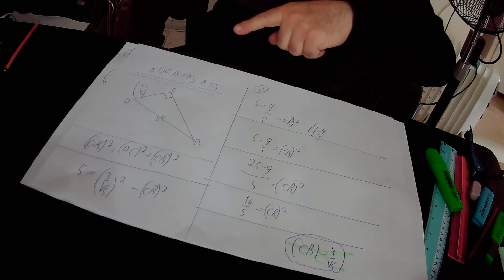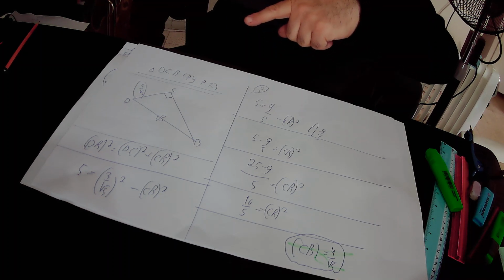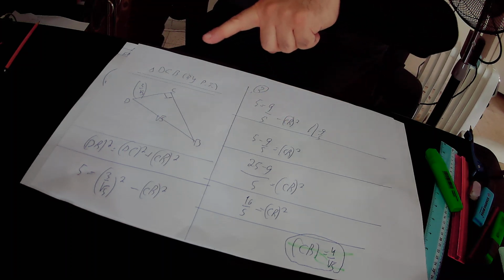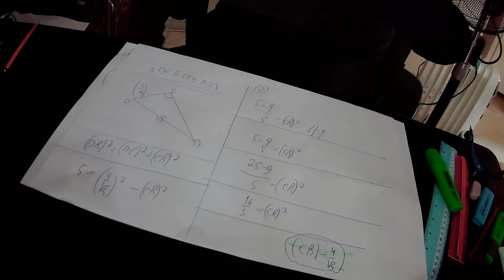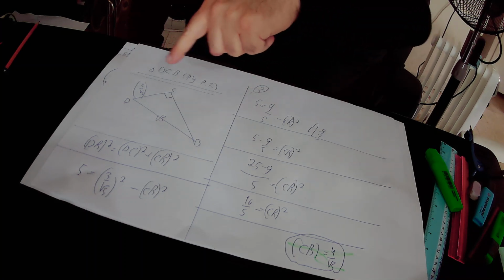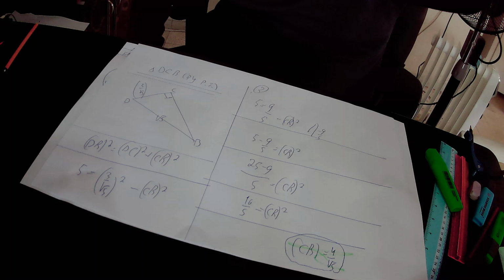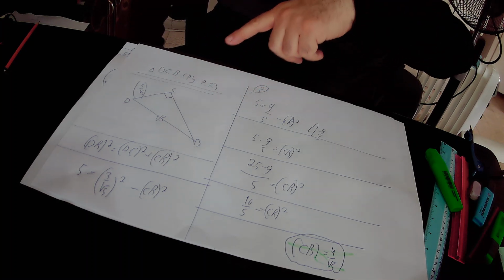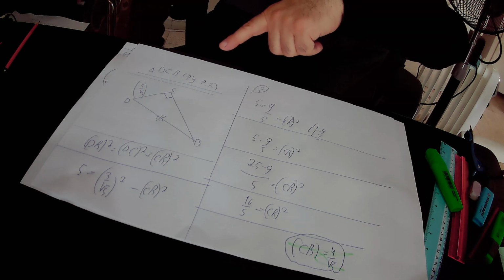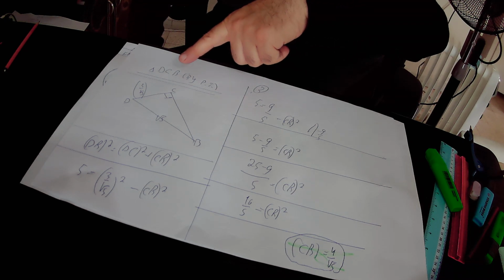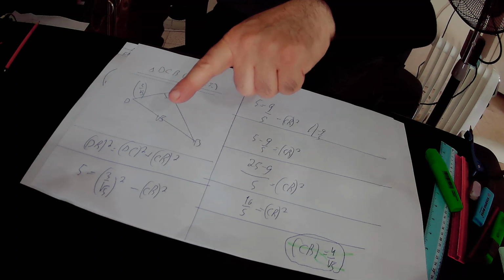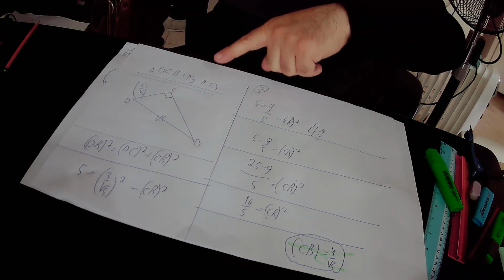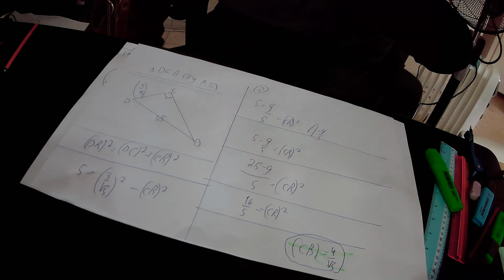According to the Pythagoras theorem, in the right triangle DCB, DB squared equals DC squared plus CB squared. DB is equal to the square root of 5, therefore DB squared is 5. And this equals DC squared. DC is 3 over the square root of 5, therefore DC squared is 3 over the square root of 5, squared. Plus CB squared. CB is the missing side, so we leave it as it is.